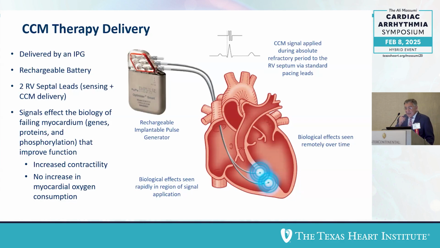This delivers high energy, about 400 times more than a pacemaker, based on the duration and the voltage. That's one reason we don't put it on the right free wall.